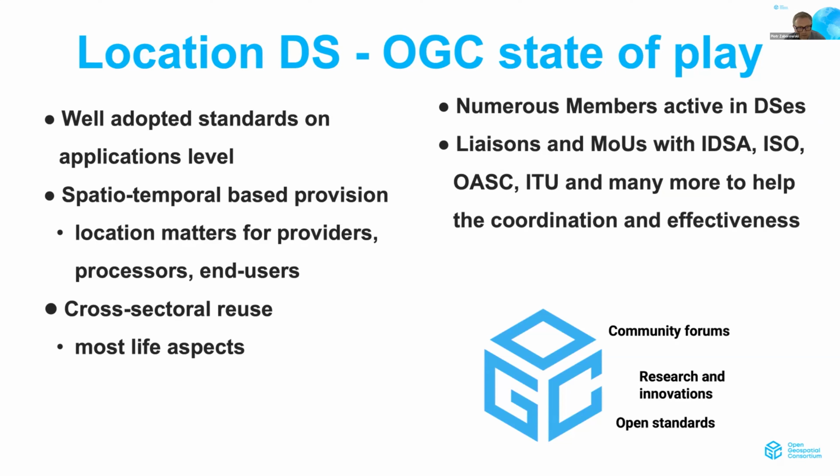We see that the location and spatial-temporal aspect is important for everybody who's dealing with this kind of data, because it matters for the data providers. They are local, national, global, or really citizen science data with different scope and area of interest. It matters for the processors, because as mentioned, without the location ingredient, the data is actually meaningless.